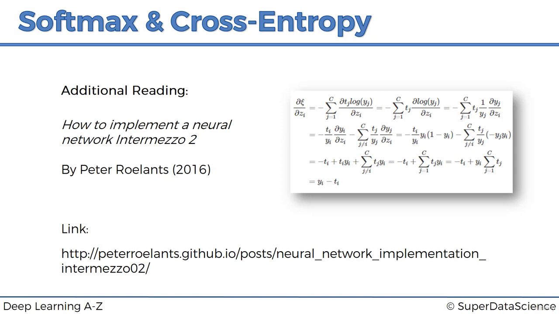So that's why it's called intermezzo. No other reason, as far as I understand. The article's by Peter Roelants, 2016 as well, so both are quite recent. Check this out if you'd like to dig into the mathematics behind softmax and cross entropy.